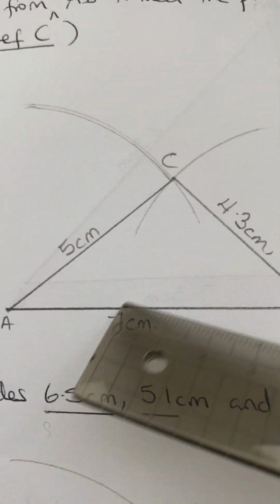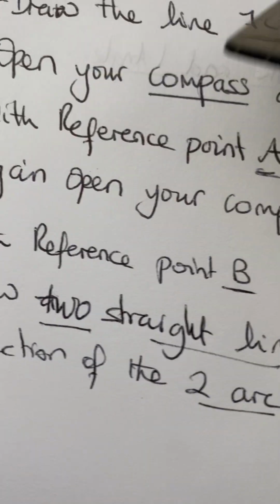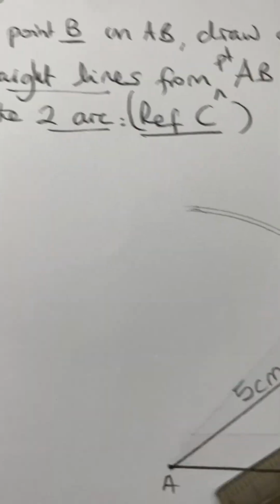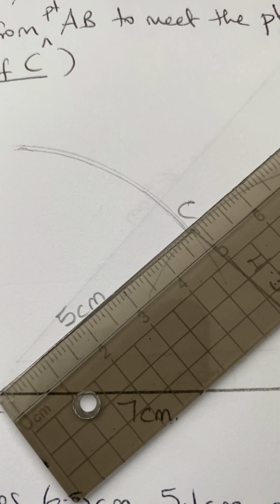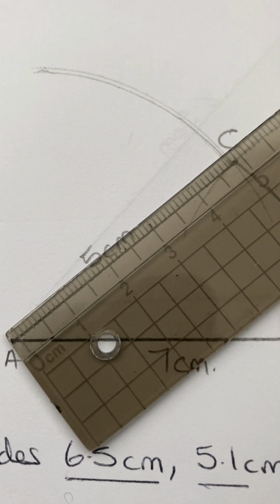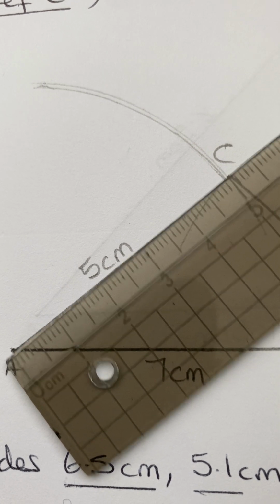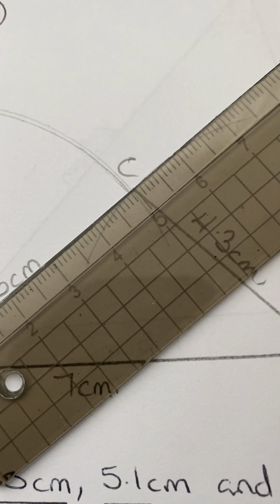So now I've measured the 7 centimeters. The second one is 5 centimeters. So here, that is 0. Okay, let me do it properly for you to see. That is 0 and that is 5.